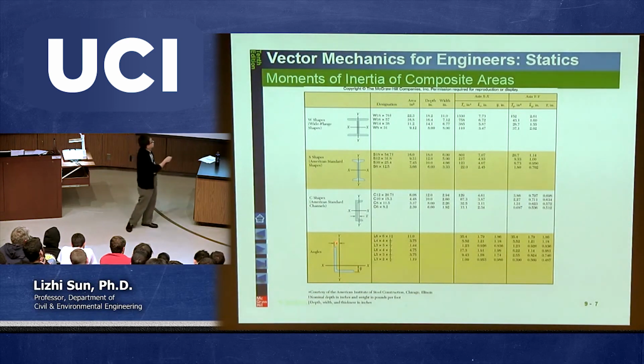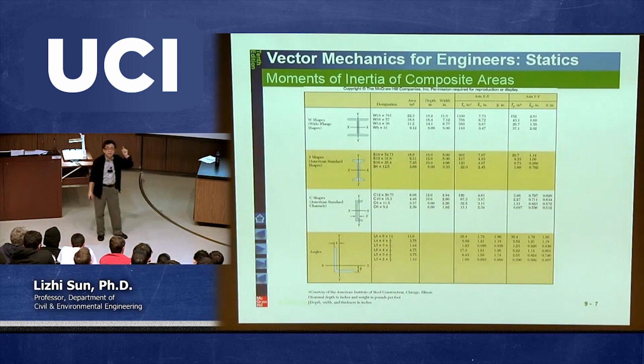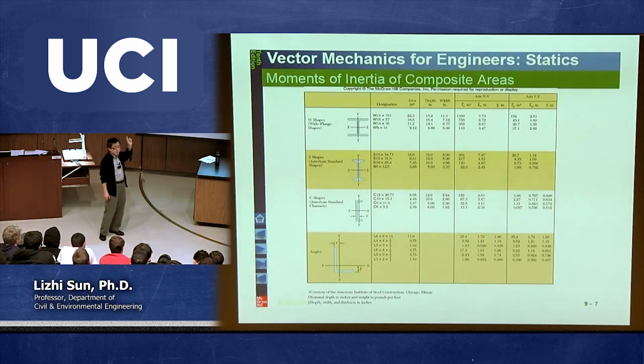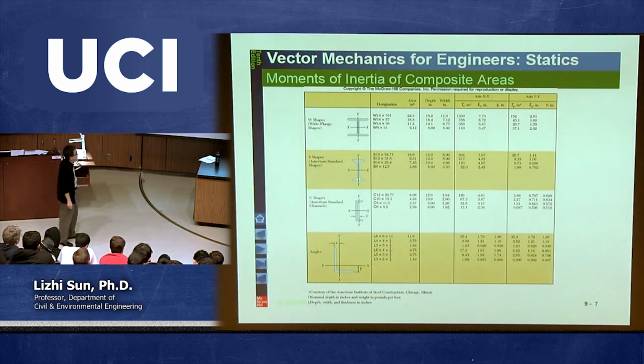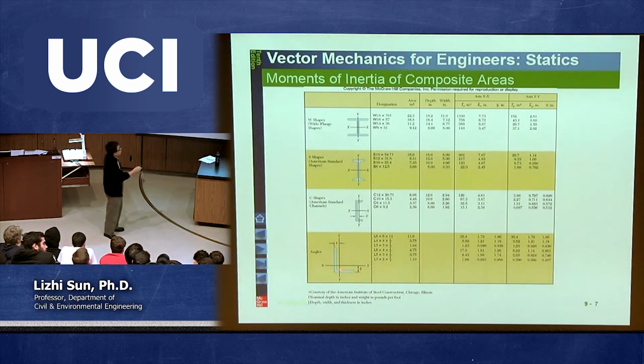And after you identify x bar, y bar, then you're going to create a new coordinate system going through x bar, y bar. In other words, this point is x bar, y bar. So that is the centroid determination based on the concept we learned in chapter 5. But the procedures are pretty straightforward, because to calculate the centroid, you just split this one into 2 parts, right?